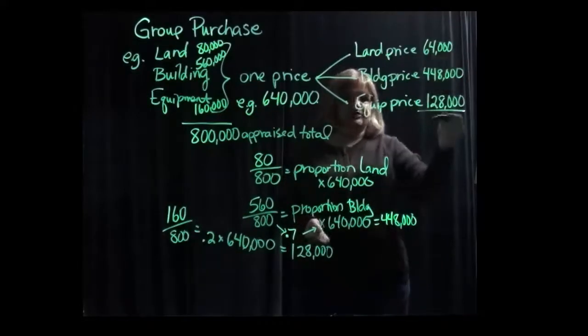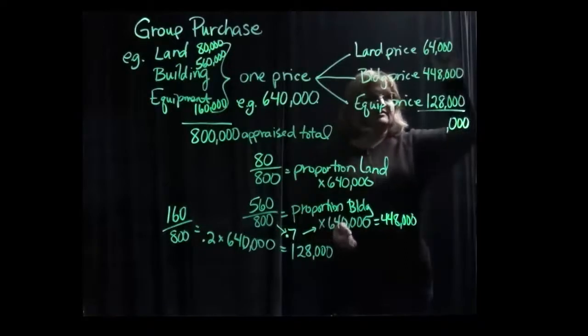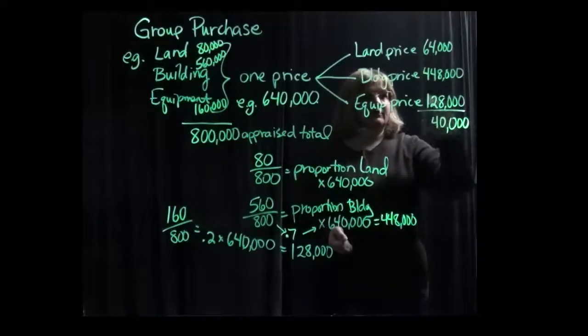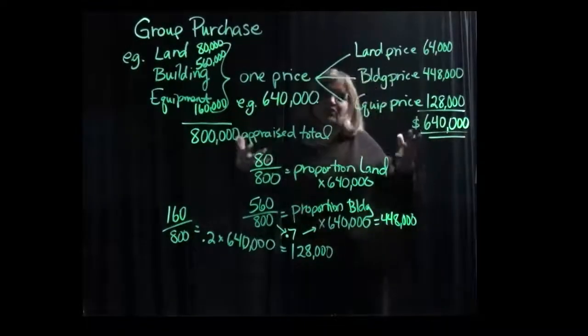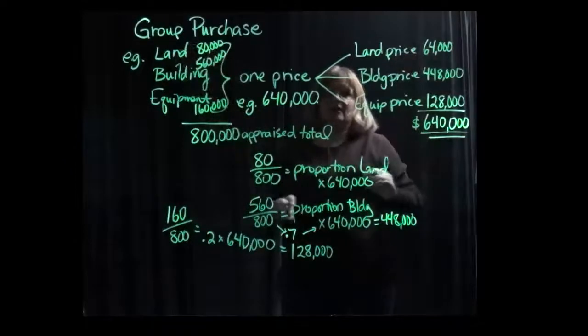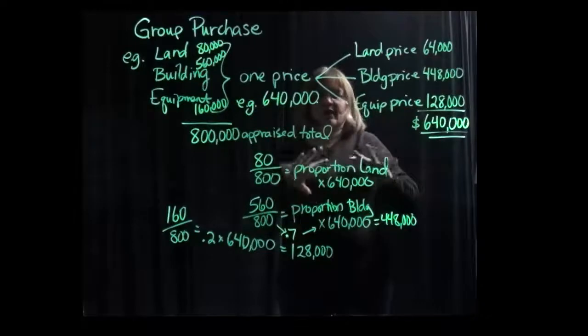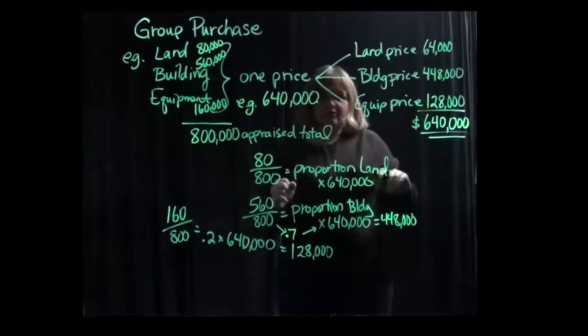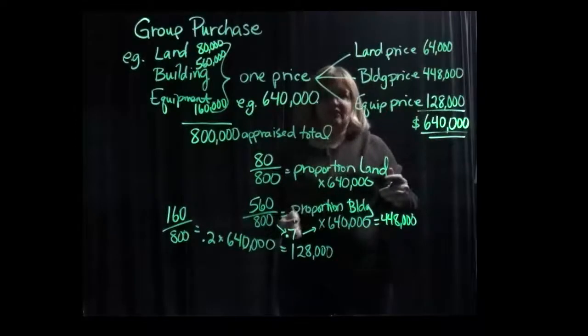And we can double check ourselves by adding these together to make sure that they total the 640,000. And indeed they do. So that's how you allocate the cost of a group purchase to the different items. I'm not talking about allocating across time like we do with depreciation, but this is just distributing the purchase price across the different assets.